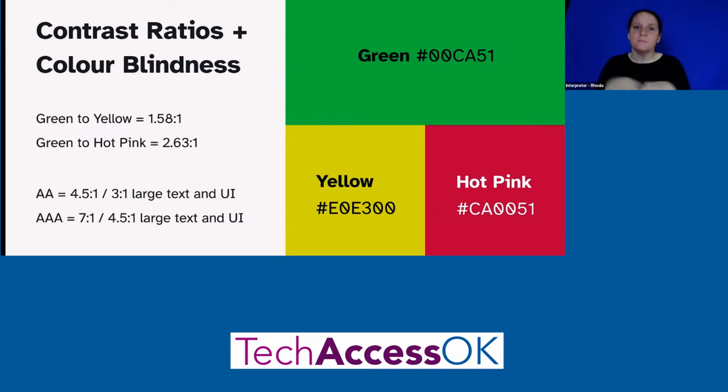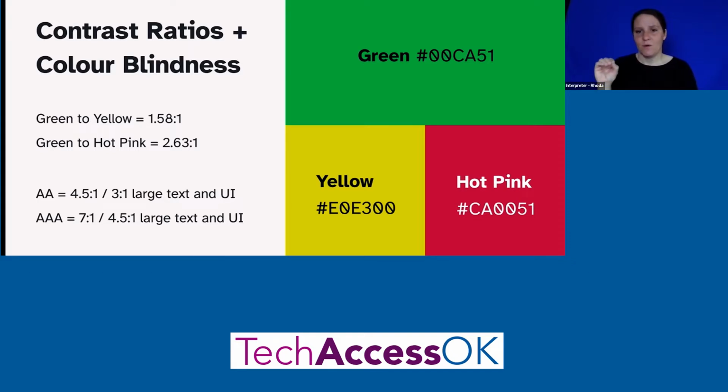Slide 8, contrast ratios and color blindness. To the right, I have a graphic of 3 color blocks. We have the green, which has the hex code of 00CA51. And then we have the yellow, which was used for the header and social tag, with a hex code of E0E300.